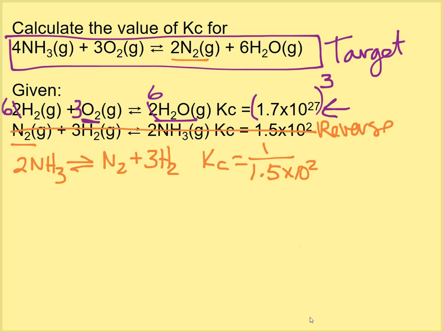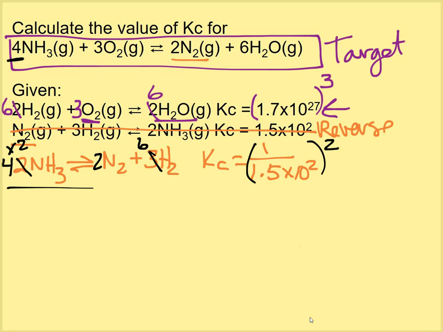All right, let's double check that we have everything as we should. We now have our NH3 on the reactant side, but I do see that there's a 4 there. So that means I'm going to multiply this one by 2. I still need to work with it. This becomes 4, put a 2 in front here, and this becomes a 6. This one becomes squared because I multiplied through by 2.